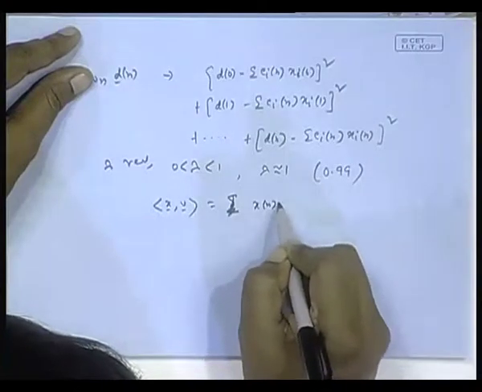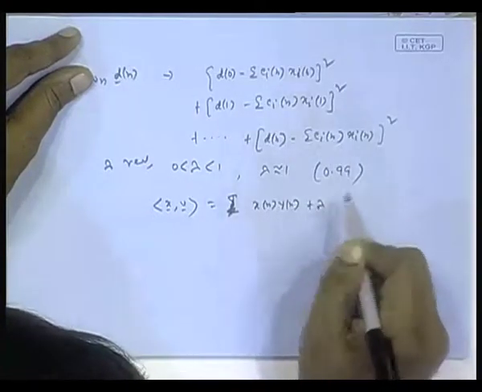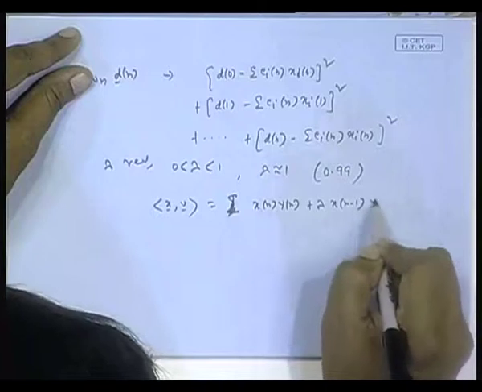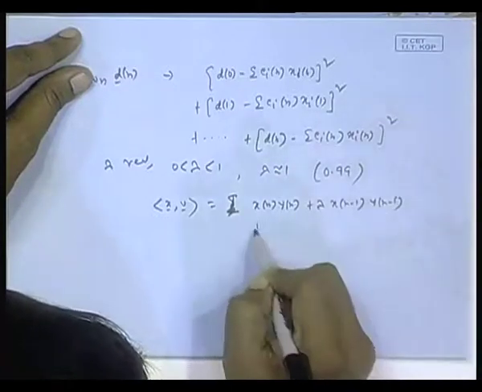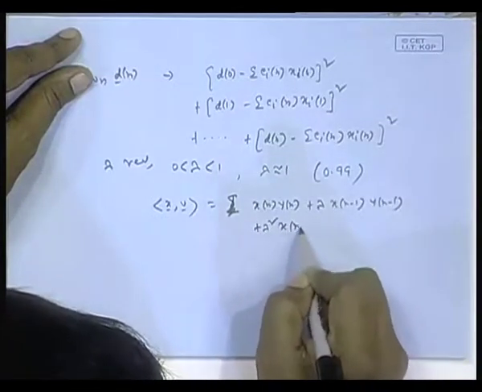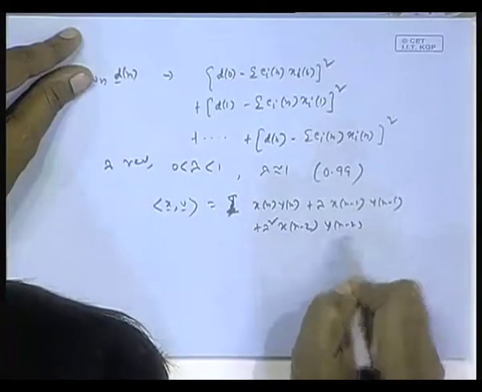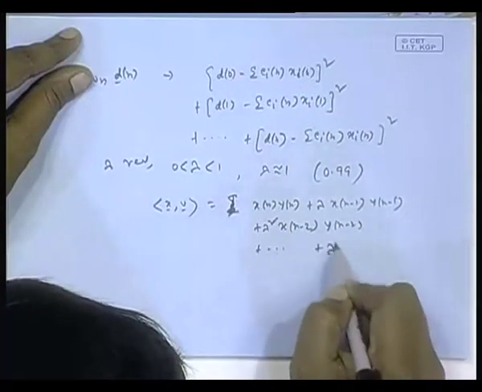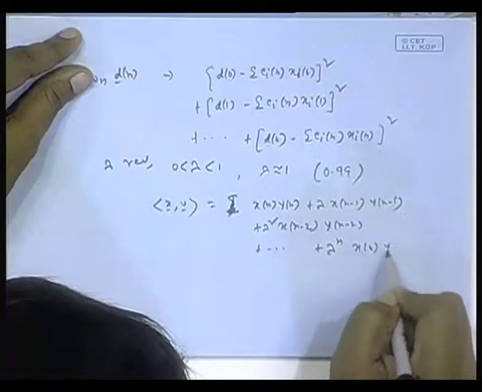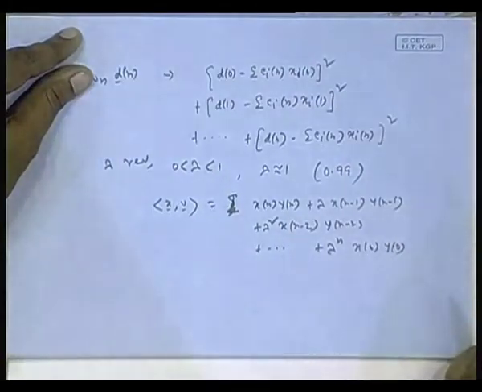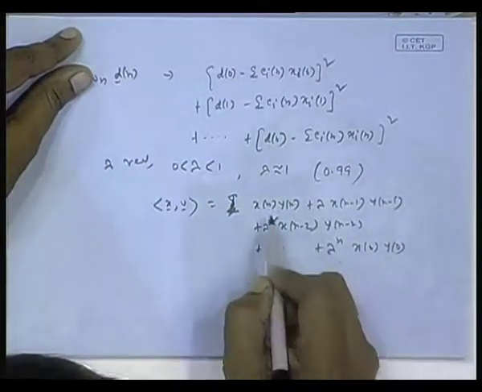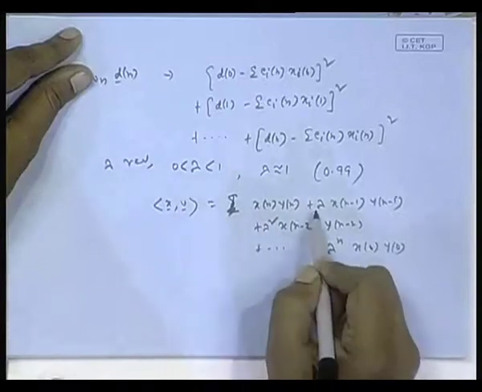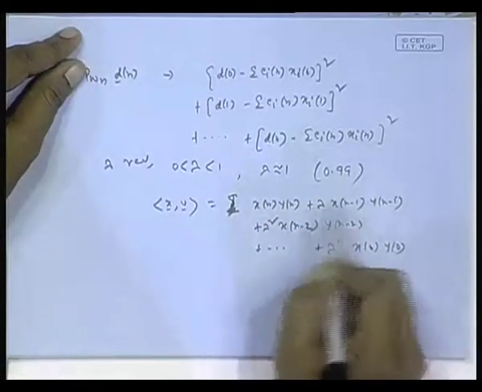Current term x n y n, then lambda times x n minus 1 y n minus 1, then lambda square times x n minus 2 y n minus 2, and so on, up to lambda n times x 0 y 0. Recent one multiplied by 1, the next one, the immediate past, by lambda, the next to that by lambda square.